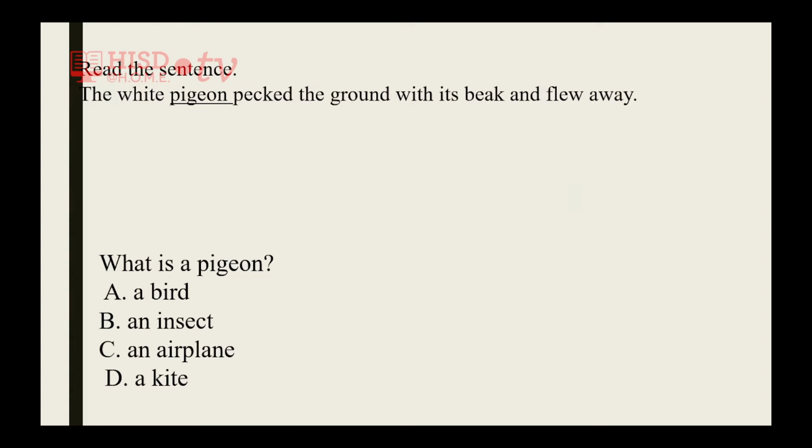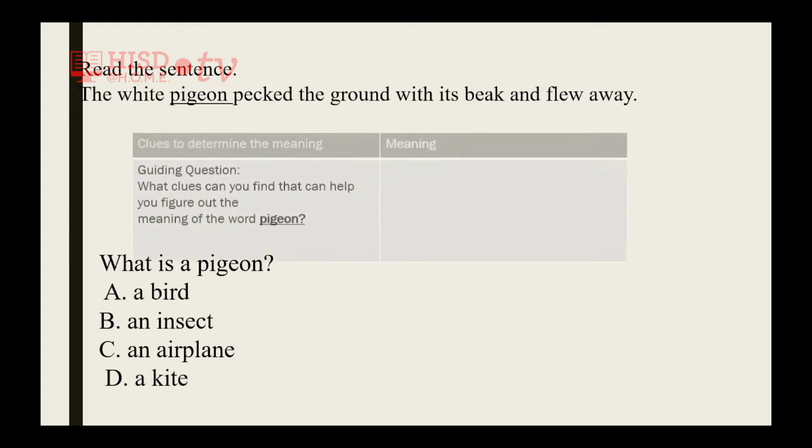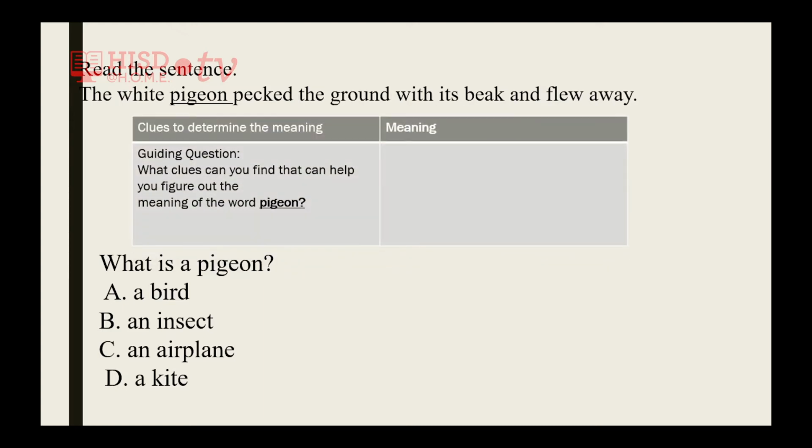All right, let's check our answer. The white pigeon pecked the ground with his beak and flew away. You should have asked yourself, what clues can you find that can help you figure out the meaning of the word pigeon? Some clues that might have helped you would be pecked the ground with his beak, flew away.